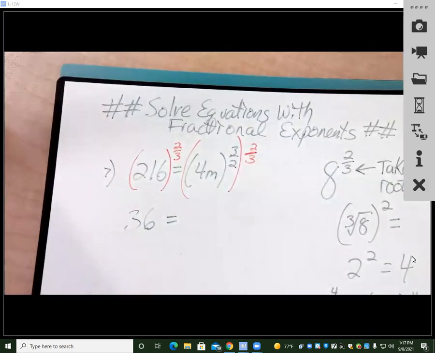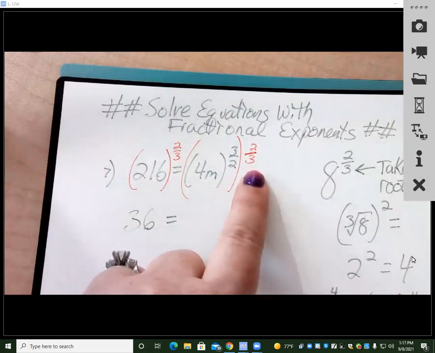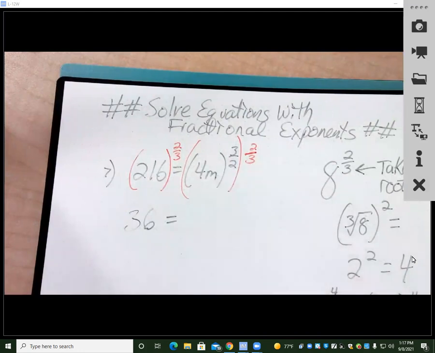We chose to raise both sides to the 2/3 power because 3/2 times 2/3 is just 1. That will happen every single time if you raise it to the reciprocal power. Any number times its reciprocal is 1.